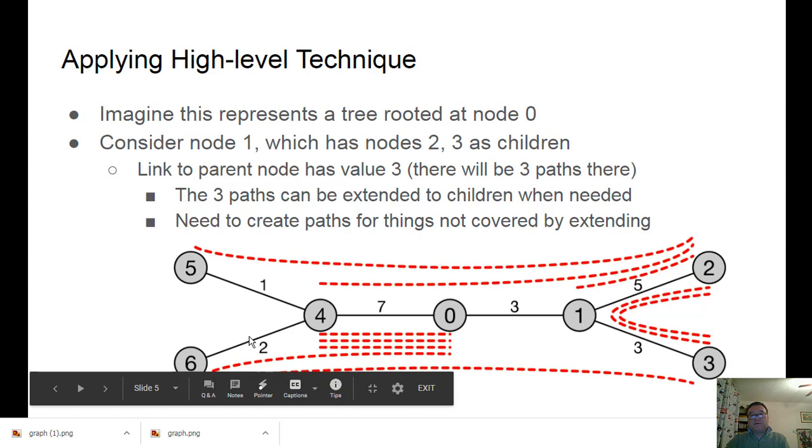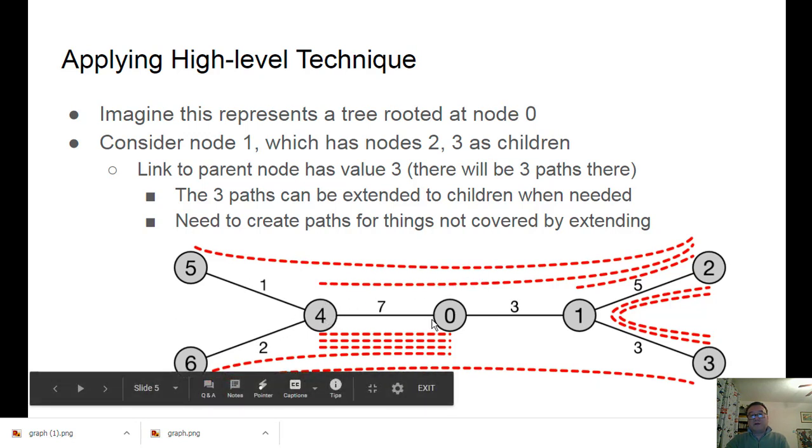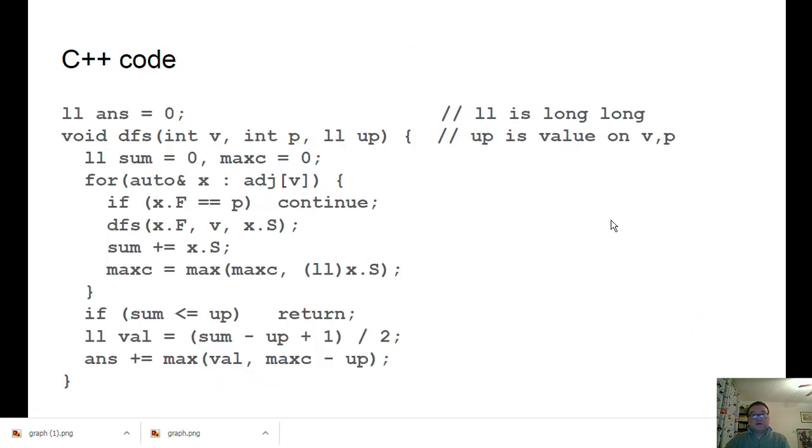But one feature that doesn't appear in here is the number of children. They're all either 2 or 1, so they don't have more children, which can occur in trees, and we need to take care of. So this is my code for the DFS part, the recursion part.